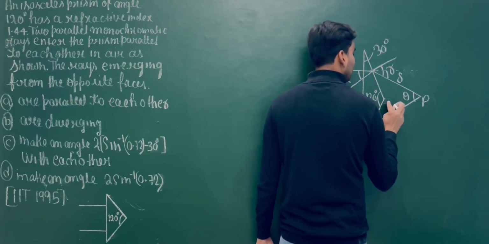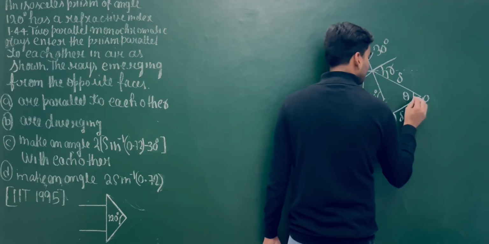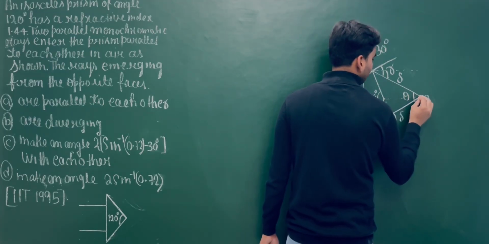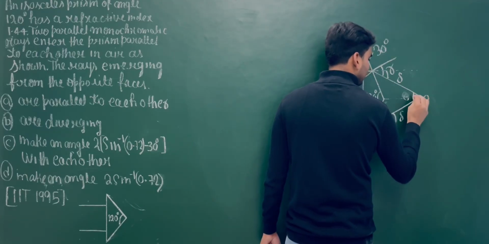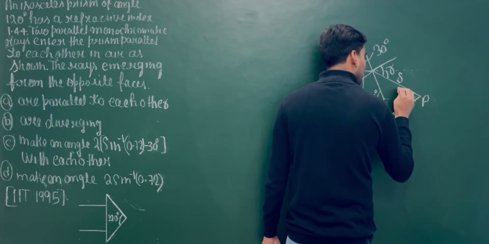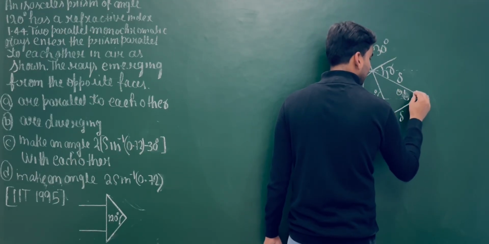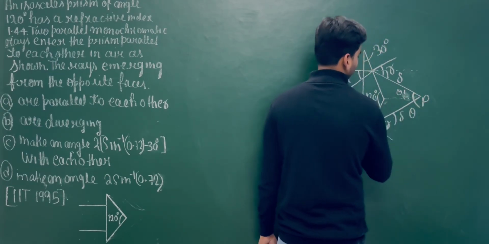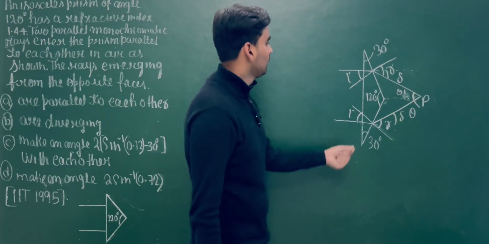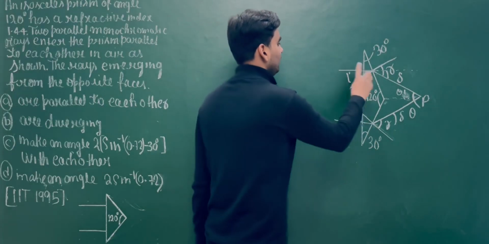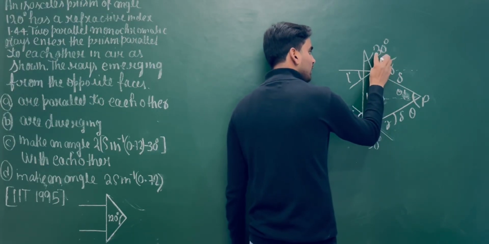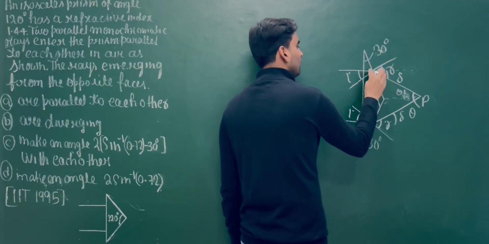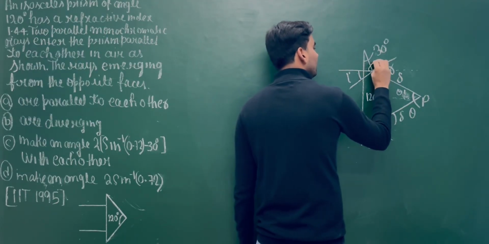Let me join the top of this prism to this P. Suppose this complete angle is theta, and this much is theta dash. Now in this triangle, this angle is 30, this is 90, so this will be 60.